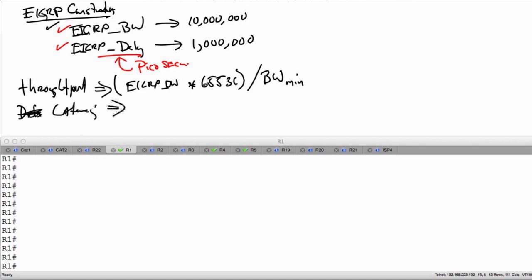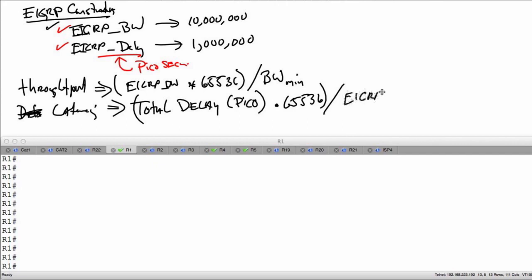Latency is equivalent to my total delay, again, remember that's going to be in picoseconds, times 65536, and all of that is going to be divided by my EIGRP delay in picoseconds. So that's the math.